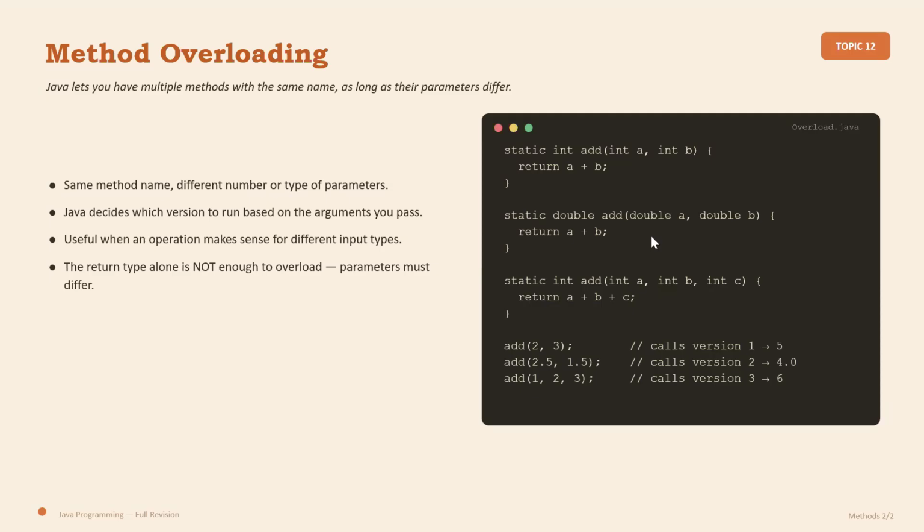And then we have method overloading. So Java allows us to create multiple methods with the same name, provided their parameter lists are different. So this is called method overloading.